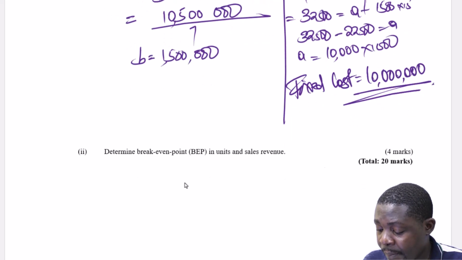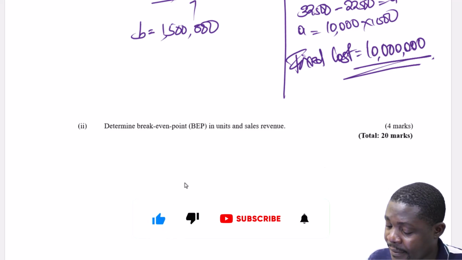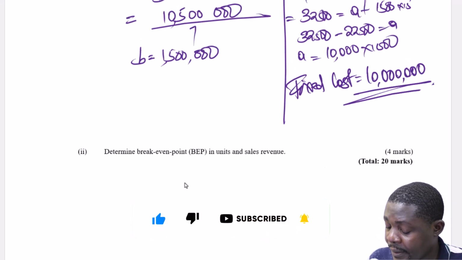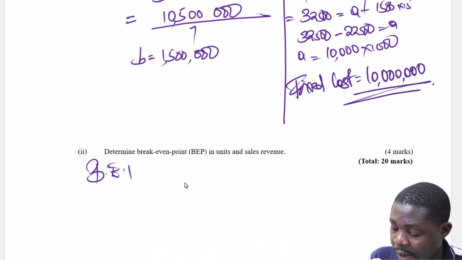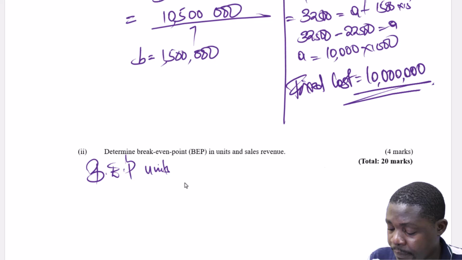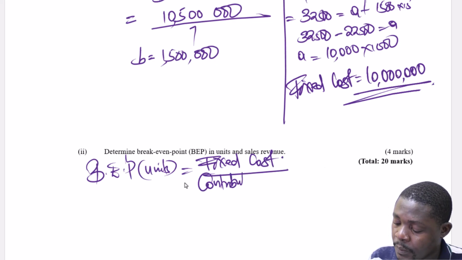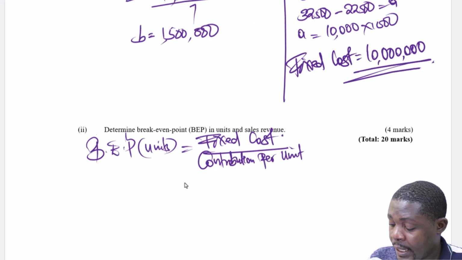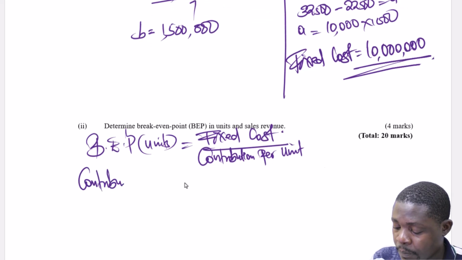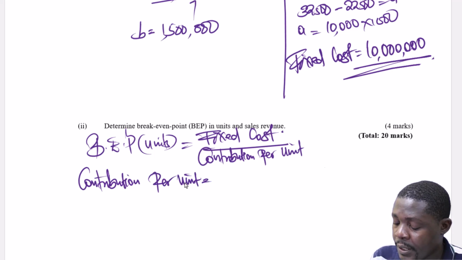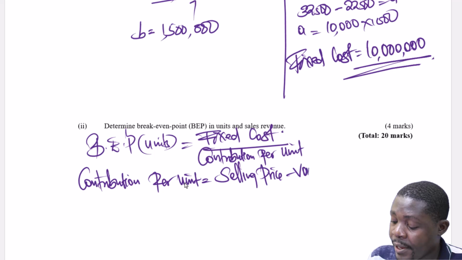And then we have calculate the break-even point in units and sales. Now the break-even point in units is equal to the fixed cost divided by the contribution per unit. The contribution per unit is equal to selling price minus variable cost.